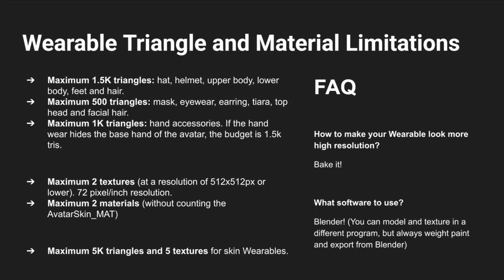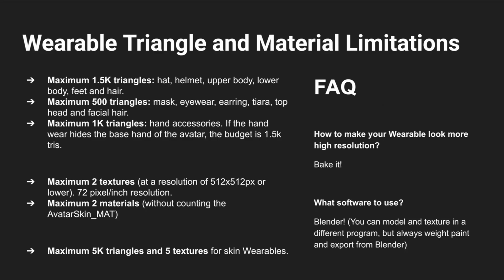Now, if you're anything like me, you might be confused about the difference between a material and a texture. I was for a very long time, until someone explained it to me in a way that eventually made sense. So I'm going to try and do that for you guys today.